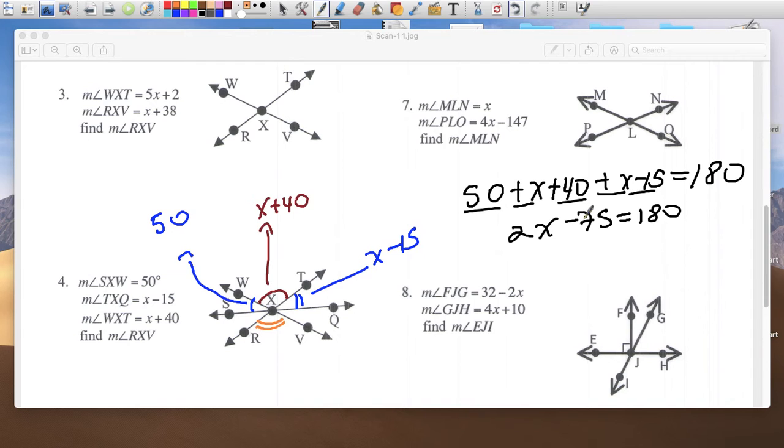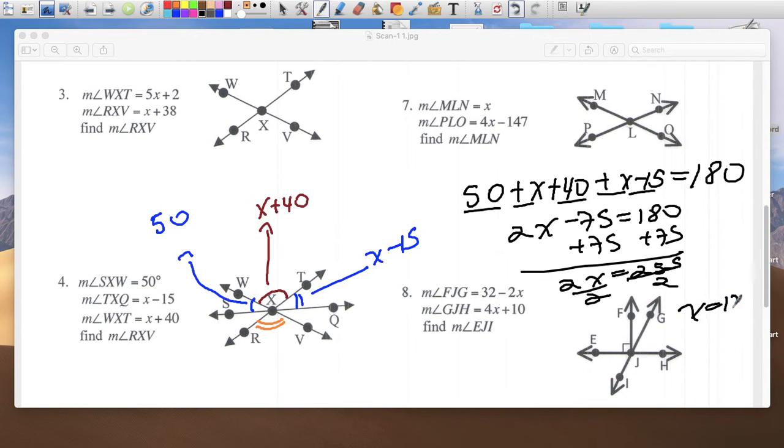Oh, excuse me, so minus 75, I get 105, I'm sorry, 2x over here. And I divide this by 2, and 105 divided by 2 equals 52.5. x equals 52.5 degrees.